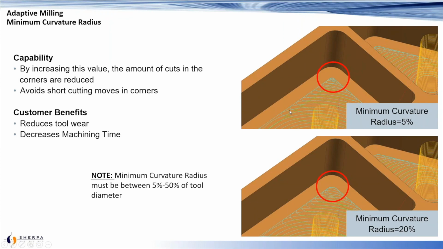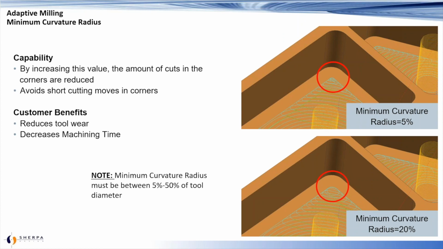And so another improvement that they did in 1202 is they've added minimum curvature radius for adaptive milling inside corners. Before, it would just get as close to the corner as it can, which would result in a lot of really tight small cuts, which, if you're trying to remove as much material as you can as fast as you can, really slow down the toolpath.